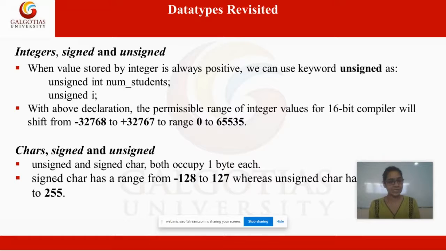So when I say unsigned, it means now our range is going to be modified and it will range from 0 to 65535. So here there is no sign bit. The entire bits are being used to store the actual number. By default, we know that an integer is signed because it is able to store negative as well as positive values, right?